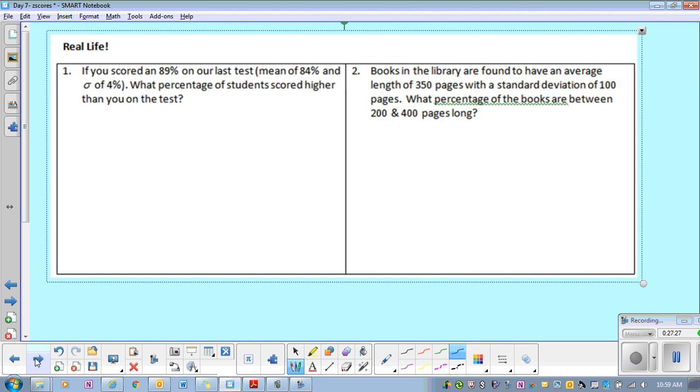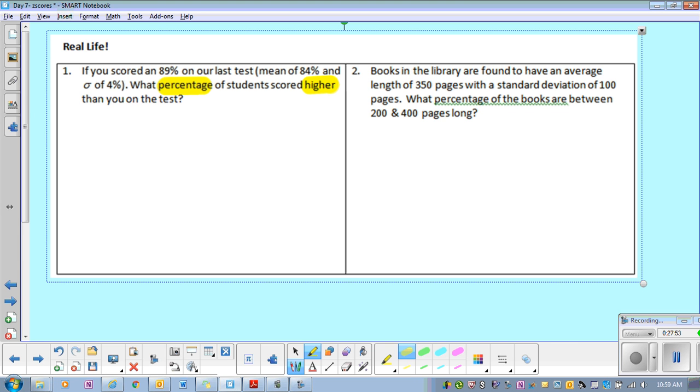All right, so some real life examples. If you scored an 89% on our last test with a mean of 84 and a standard deviation of 4%, what percentage, keyword here, percentage of students scored higher than you?